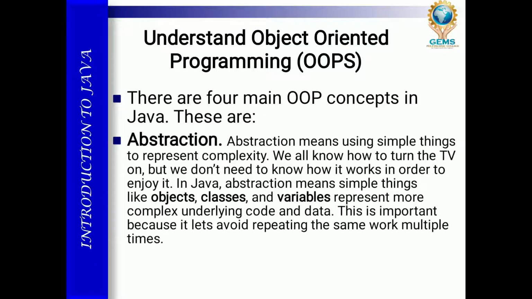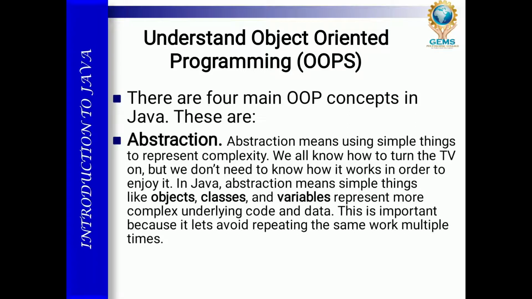In the same manner, take the example of the Java programming language. In Java programming, just know simple things like objects, classes, and variables, which represent more complex underlying code and data. Just know the minimum things about variables, classes, and objects.